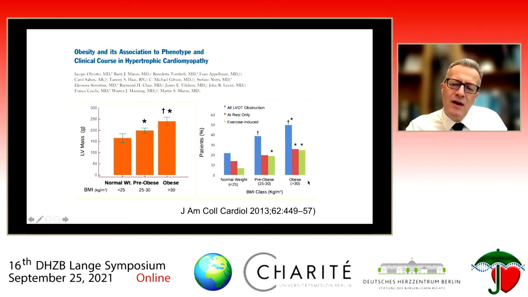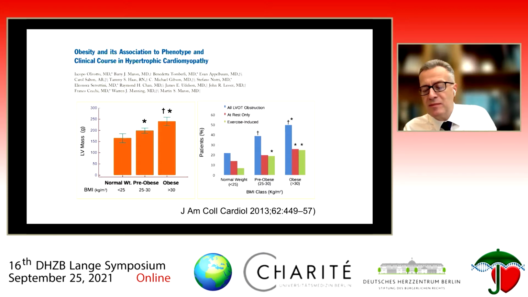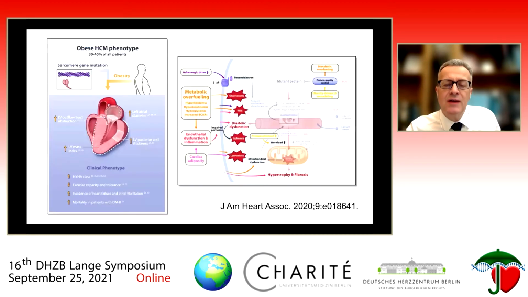We also see a greater prevalence of some of the classical aspects of the phenotype. So for example, in hypertrophic cardiomyopathy, outflow tract obstruction is actually much more common, interestingly, in obese patients. Now, this may be because perhaps these are not genocopies. This is, in fact, an acquired phenotype that relates to obesity.